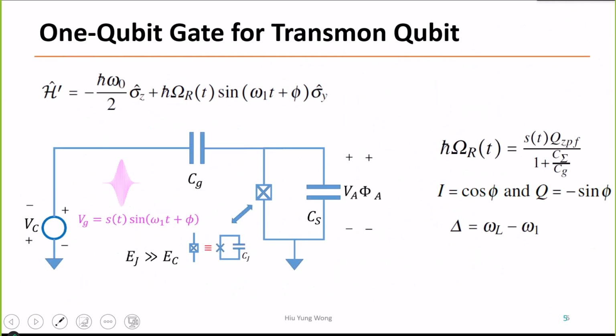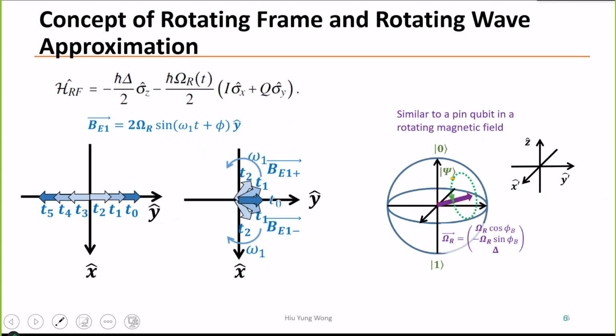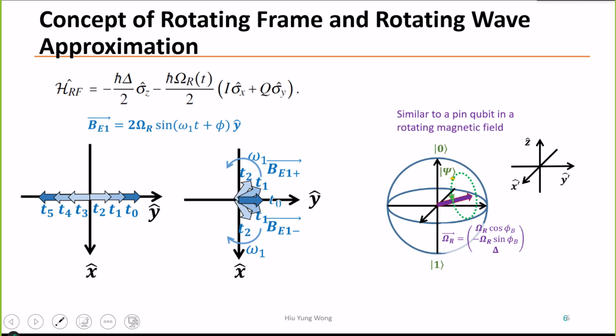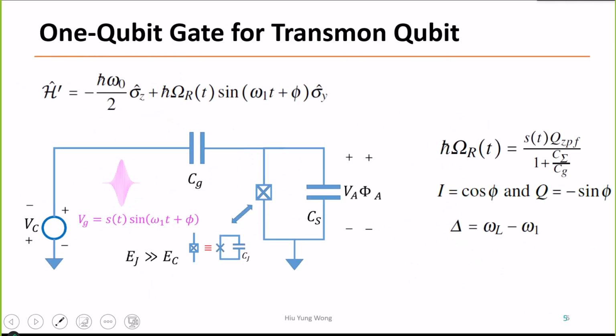Because phi is going to determine how fast I rotate about I and Q, but at the same time, this S is going to determine the Rabi frequency. So maybe for a certain gate, I want to optimize for the phi accuracy, and for another gate, I want to optimize for the Rabi frequency accuracy.